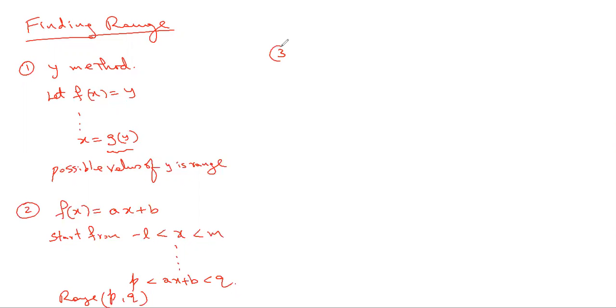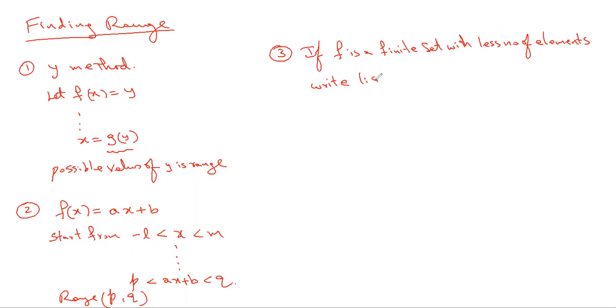This is the second method. And the third method is, if f is a finite set with a small number of elements, then you can write the list form of f and find the range. Either f is a finite set, or the range contains a finite number of elements.